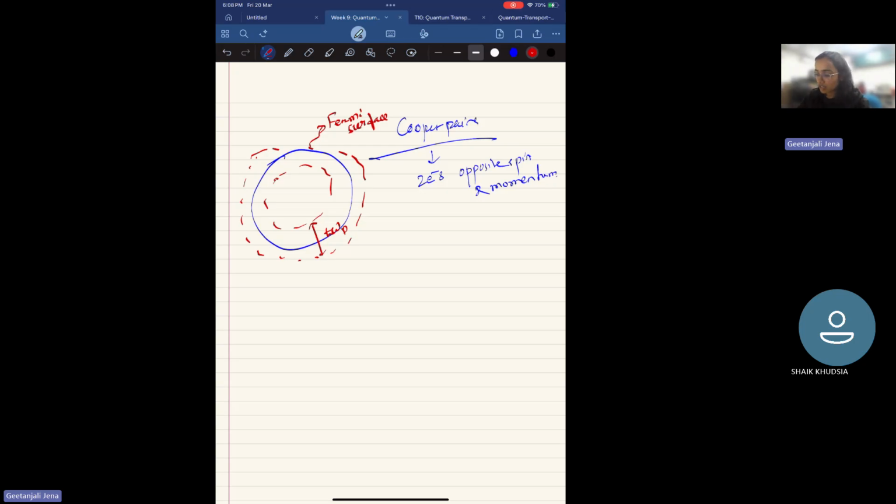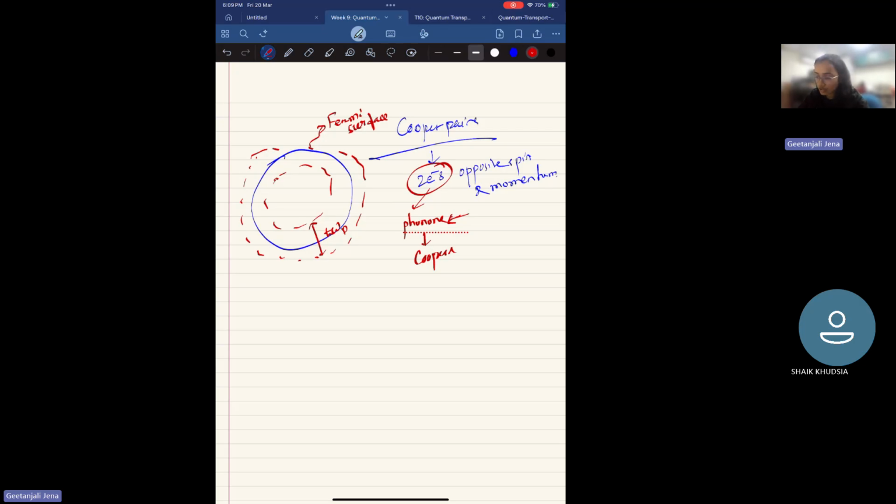So they have two electrons. So what will these electrons do? One electron, when it passes through the lattice, will deform the lattice, and by lattice deformation, we mean the phonons. So it will excite a phonon in the lattice, and the other electron can interact with this phonon. And because of this phonon exchange between these two electrons, they will form the Cooper pair, provided that the interaction is attractive.